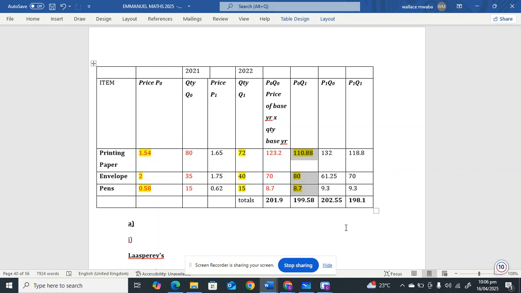Let me check, maybe 199.58. Okay. So as you notice, colleagues, here, we're just multiplying price times quantity. It's just that we'll be interchanging the years.